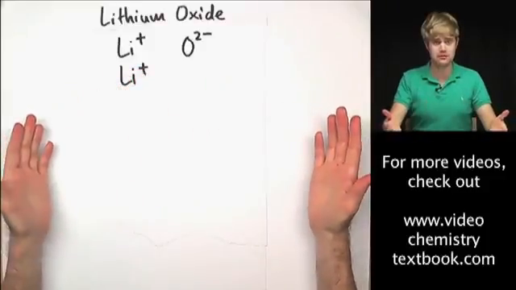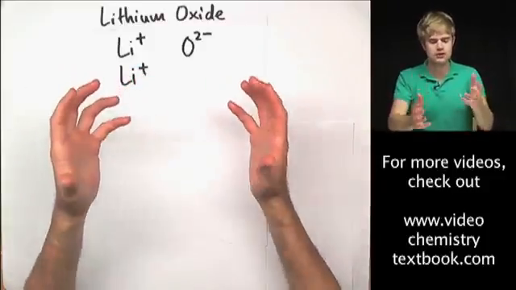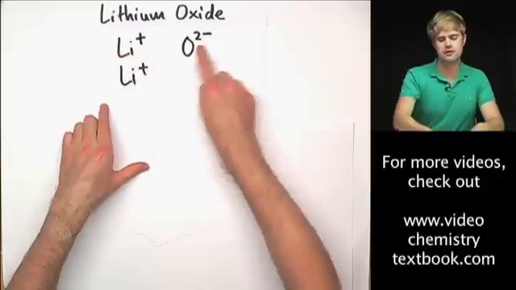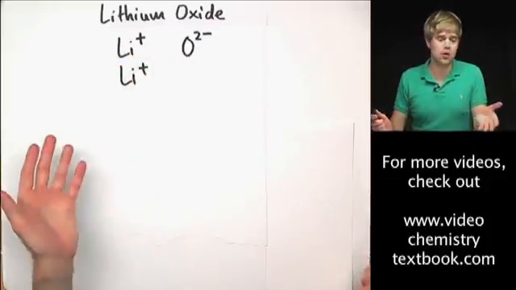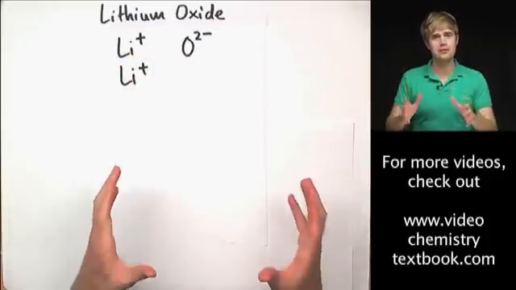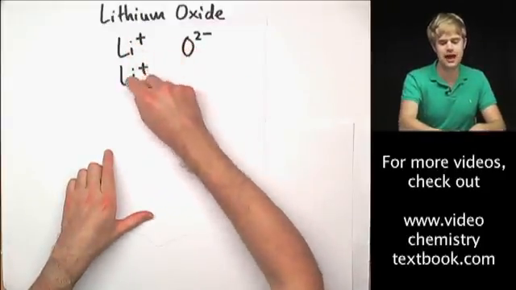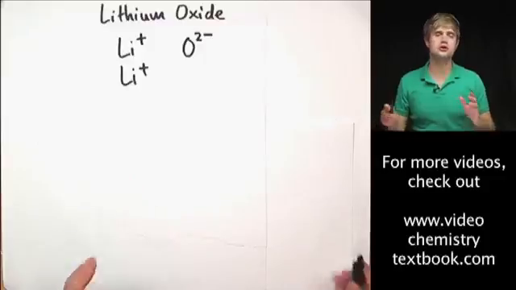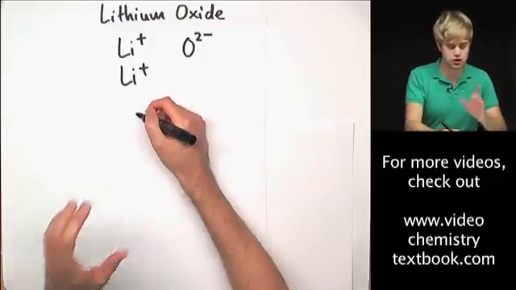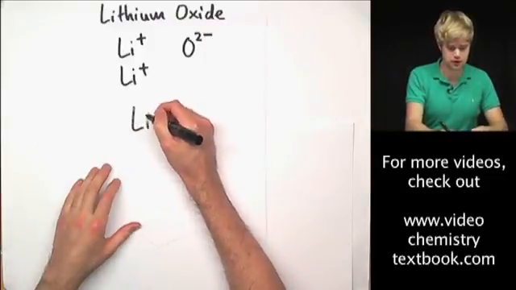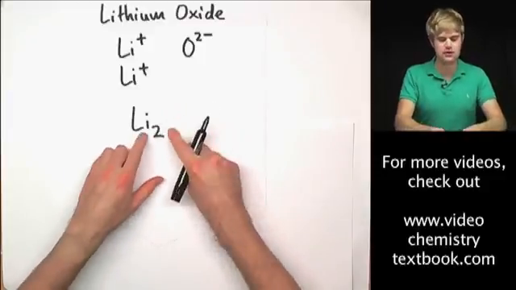And now they balance. So in order to get the charges balanced, I have to have 2 lithiums and 1 oxide, or 1 oxygen. Now when I write the chemical formula, I'm literally going to say how many of each of these atoms I need in order for the charges to balance. And we've said that's 2 lithium atoms, so I'm going to write Li and then the 2 after it.